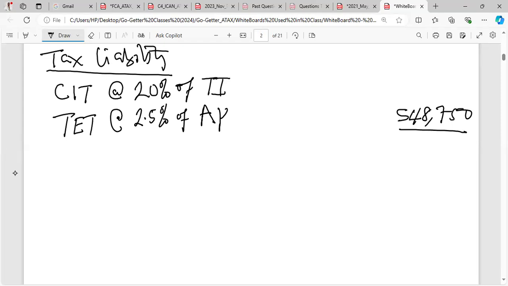There is no minimum tax for companies in the agricultural business, or for companies within the first 4 years of business. So minimum tax is 0. We're not going to do the minimum tax. So we'll now set the template and go to workings.